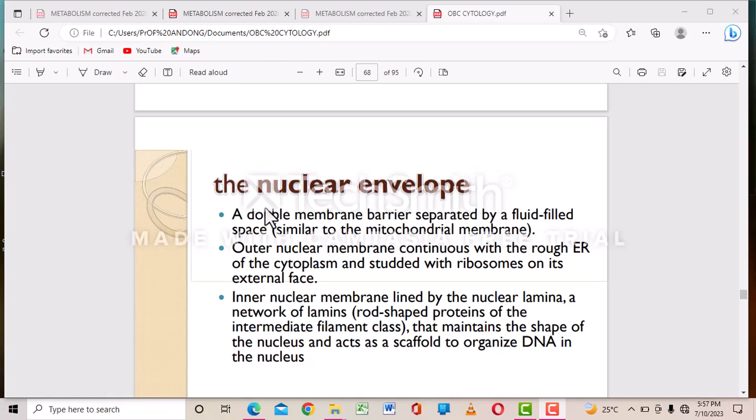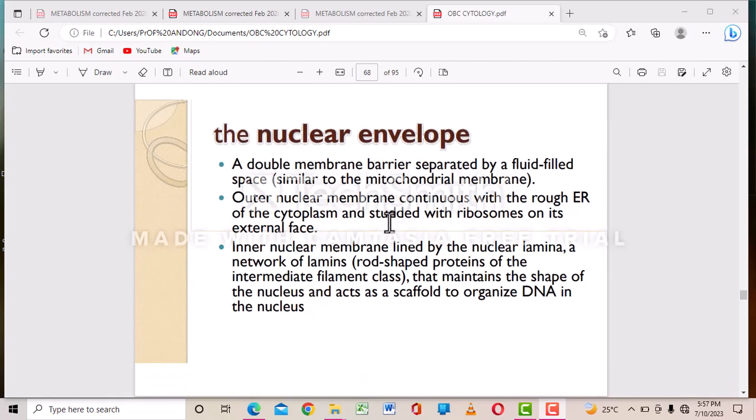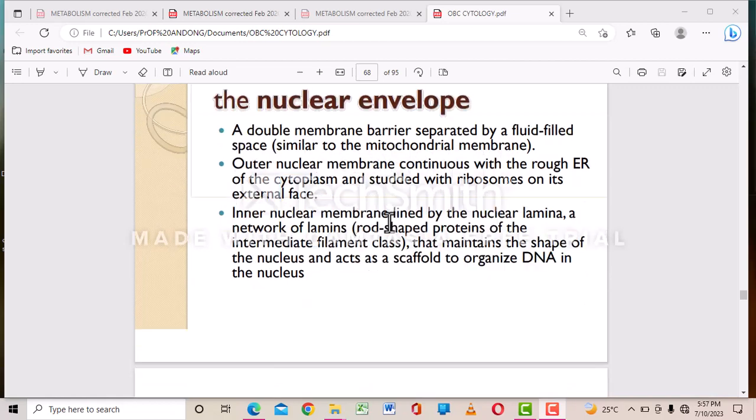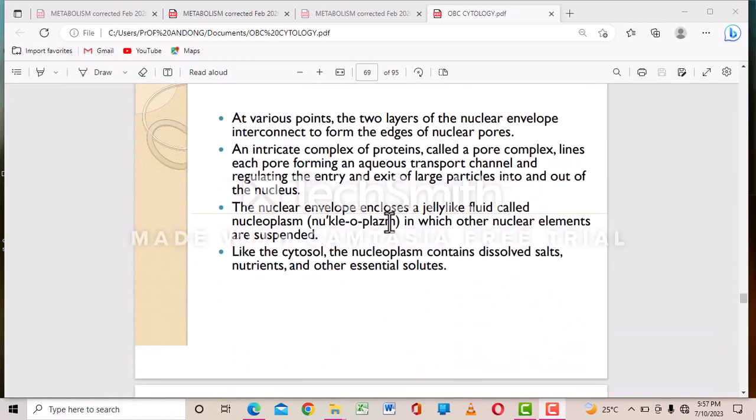The membrane is divided into an outer membrane that is continuous with the rough endoplasmic reticulum, and an inner membrane made up of lamina that is involved in maintaining the shape of the nucleus. The nuclear membrane surrounds a fluid-filled cavity, the nucleoplasm, which is similar to the cytosol, containing proteins and other molecules.